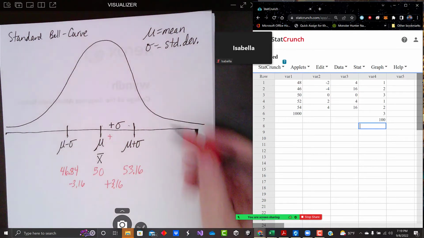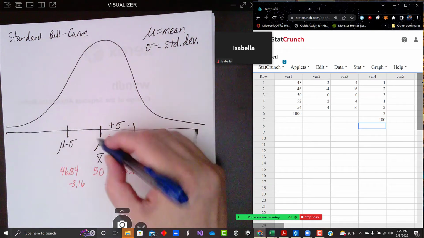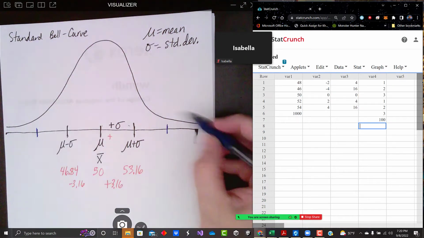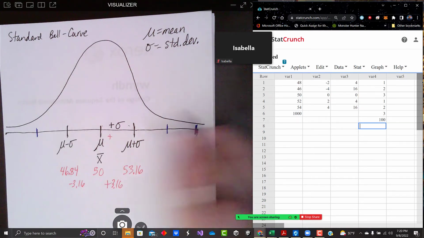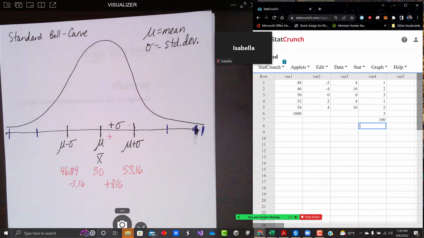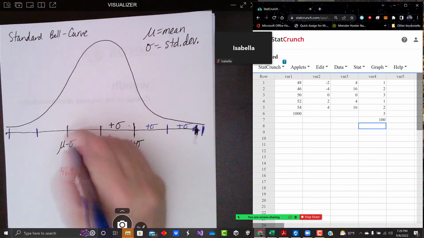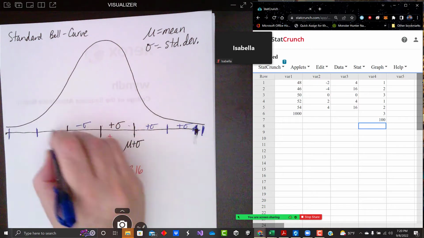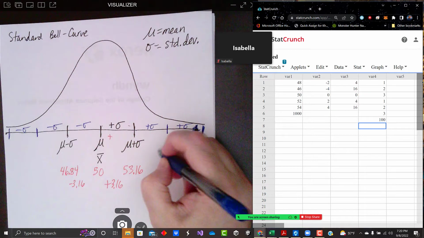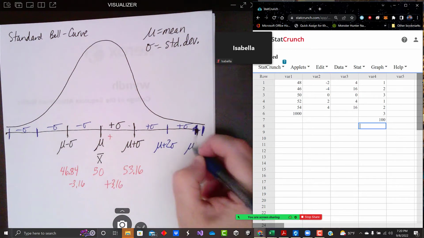Then we go a little further, where the hill still has some stuff left, but not a whole lot. It should be the same distance, and we do that distance out 2 more times. Each time we are adding 1 deviation going to the right and subtracting 1 deviation as we go to the left. So this is mu plus 2 sigma, and this is mu plus 3 sigma.